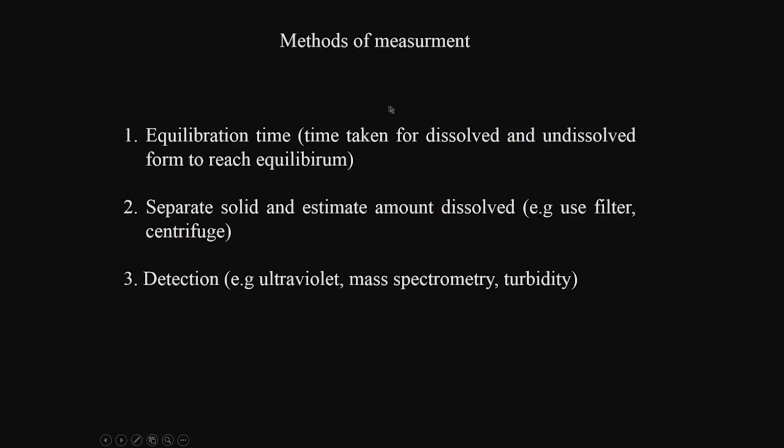Then separate solid and estimate the amount dissolved, okay, by using a filter paper or a centrifuge. I can detect how much has been dissolved using ultraviolet, mass spec, turbidity. These are some methods which are approved by FDA for determining solubility, and all these are very, very important. Not only the amount that is dissolved, but also how long it takes for the material to dissolve.